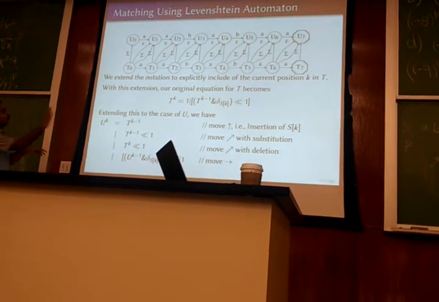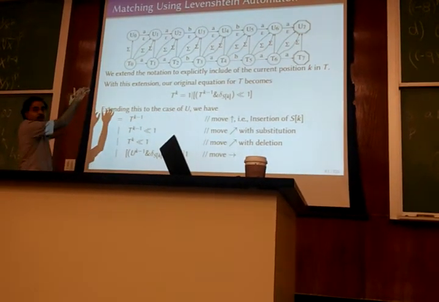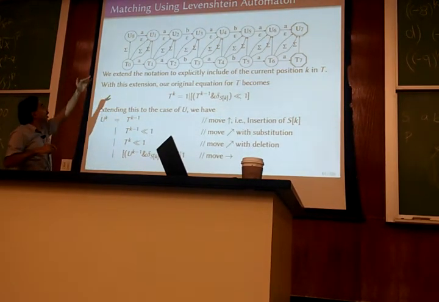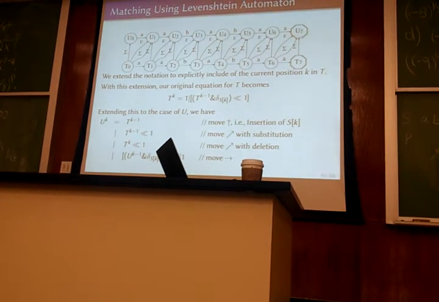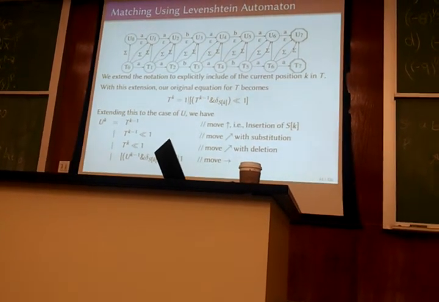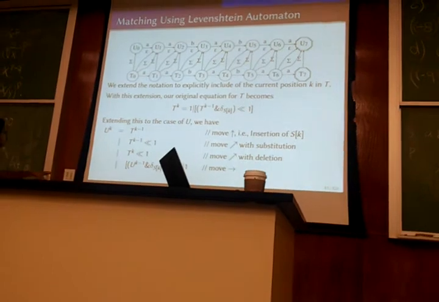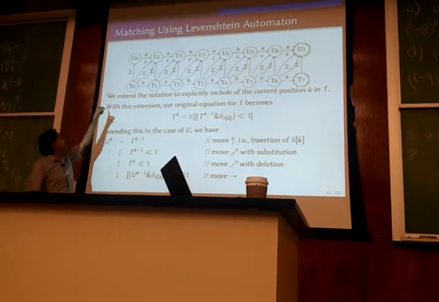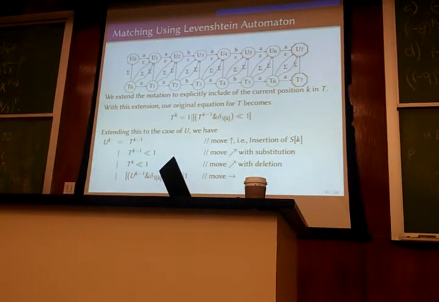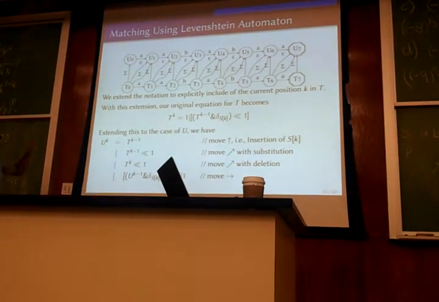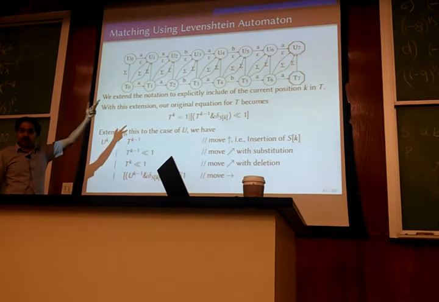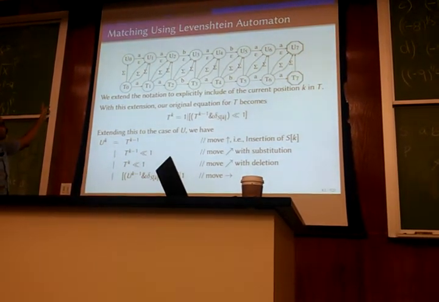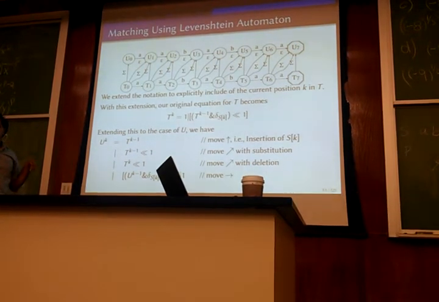So all of these tokens are able to go up. All the tokens from the T row can go up to the U row when there is an insertion. That's yet another way to think about this. So that's one transition going to the U row, and there are two more. There are two diagonal transitions, and we need to capture those. And then finally there is a forward transition of the U's themselves.